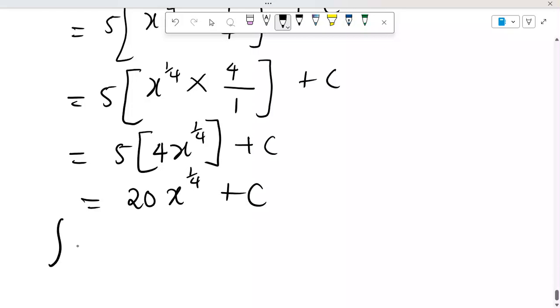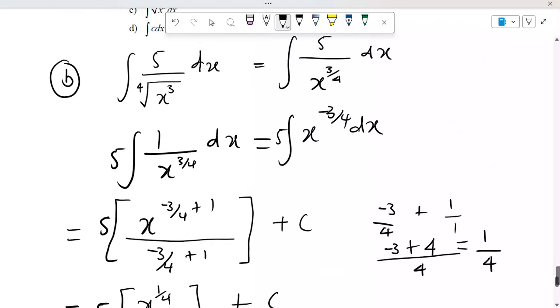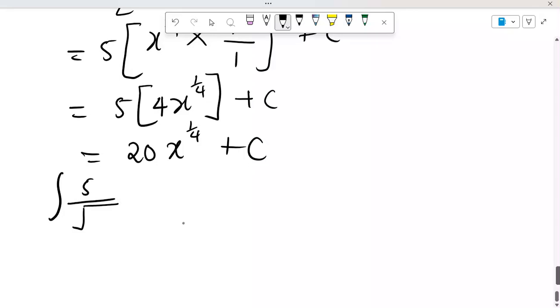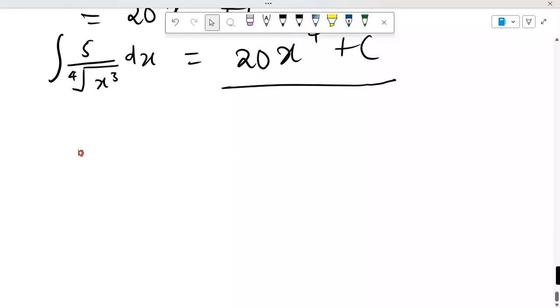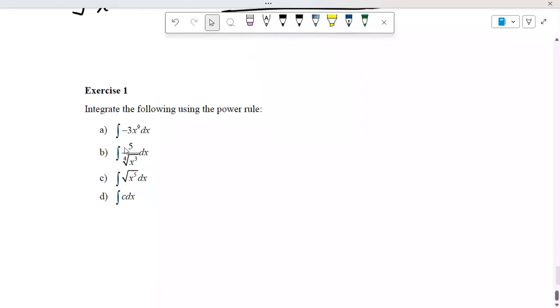So the integral of 5 over the fourth root of x to the power 3 dx equals 20 x to the power 1 over 4 plus c. So wherever you are integrating and you don't have limits, you always add the plus c to show that it's an indefinite integral. Okay, let's continue.